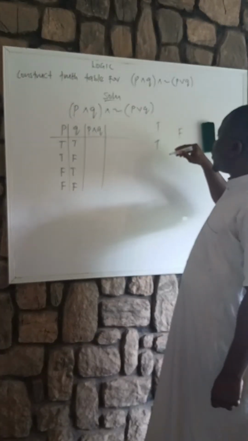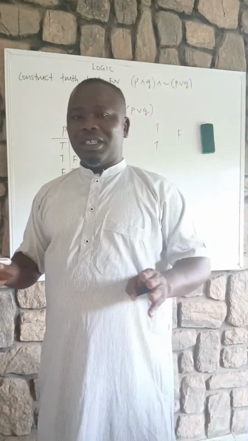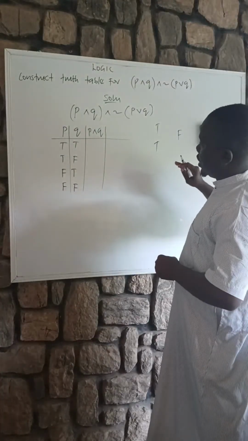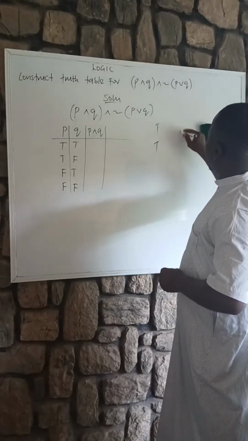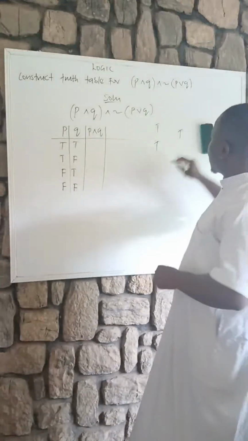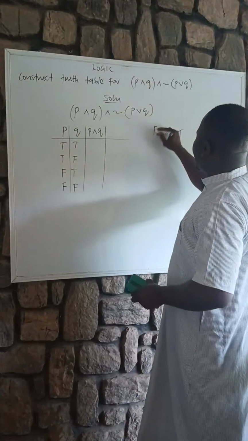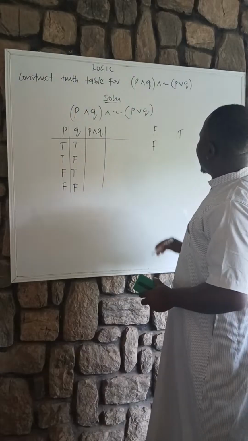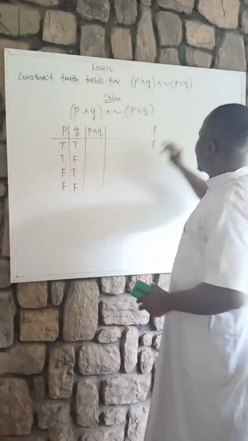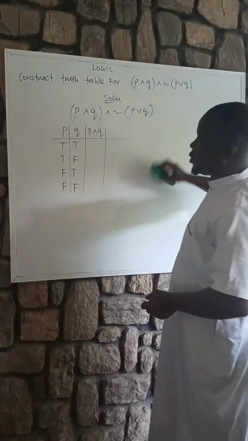False. Why? Because the two statements are not what? False. Do you understand? But it will be true, because the two statements are not what? False. But supposing here we have FF, it means the statement P and Q will now be what? False. Take note, please.